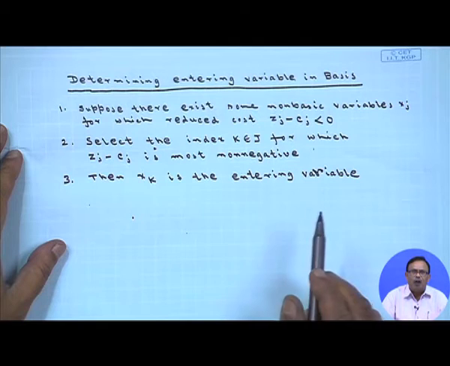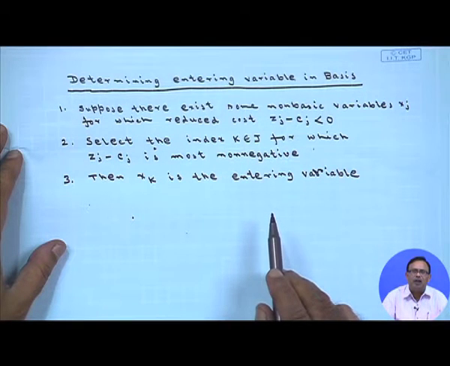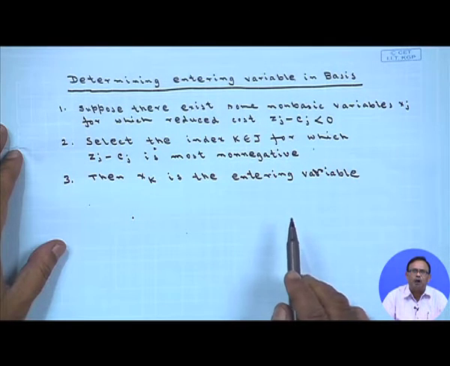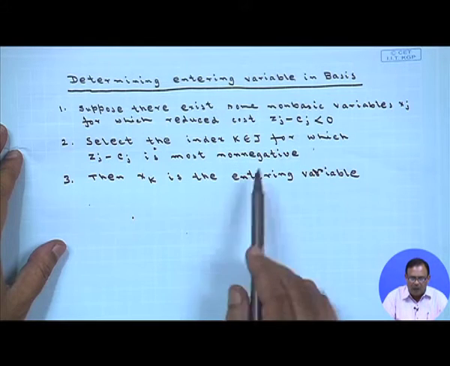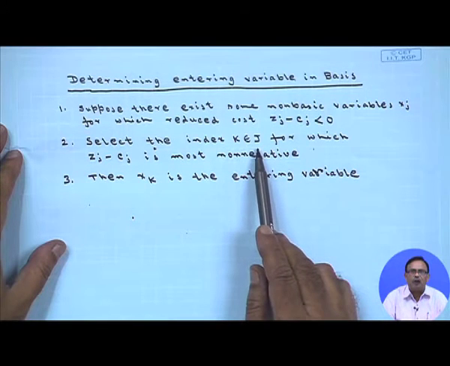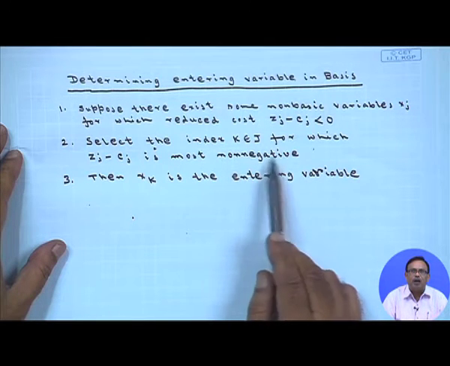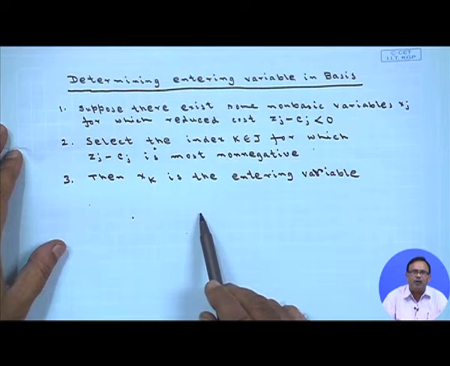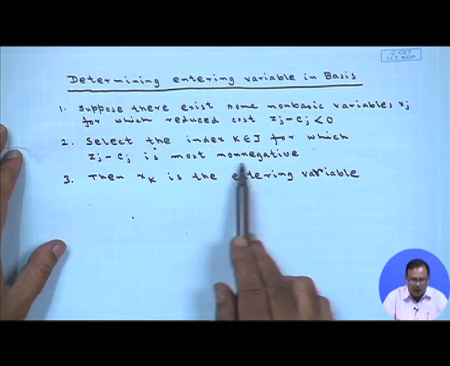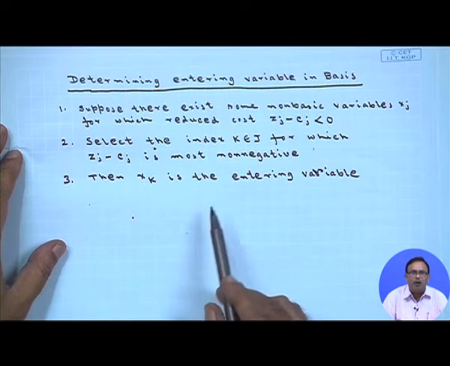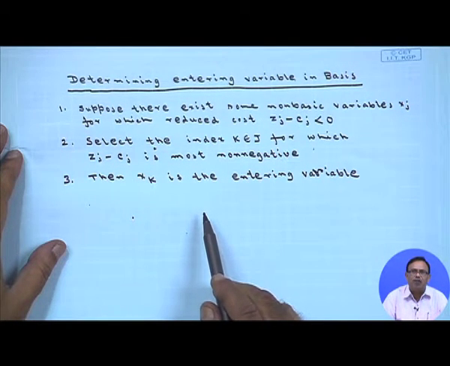So, if there is some variable xj for which Zj minus Cj is less than 0, then from this, select the index k which belongs to the non-basic variables, where capital J denotes the index set of the non-basic variables. From there I will select k for which Zj minus Cj is most negative. Please note this one, Zj minus Cj is most negative.